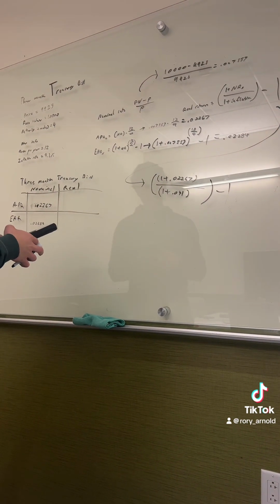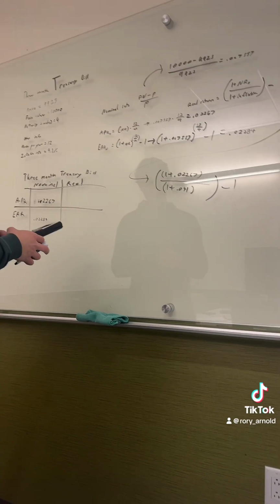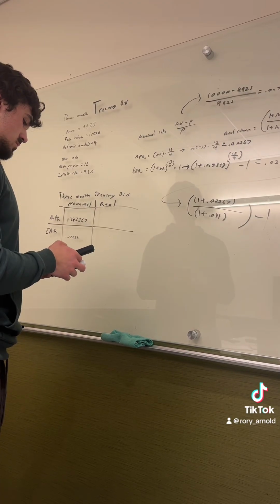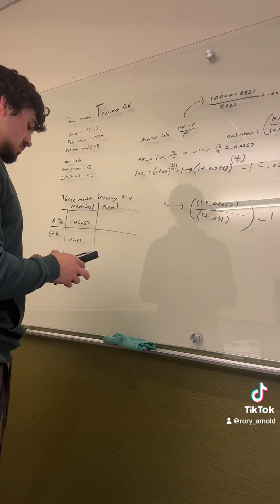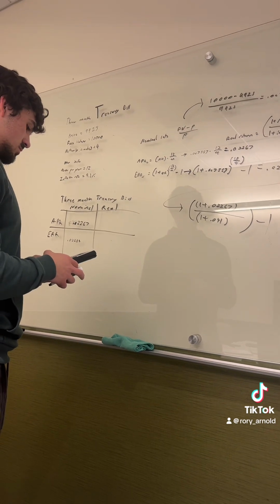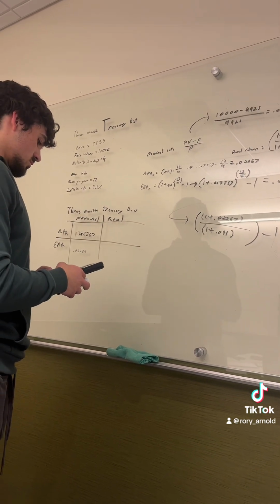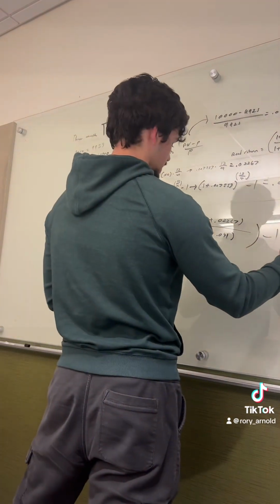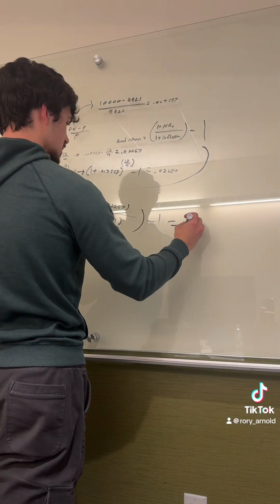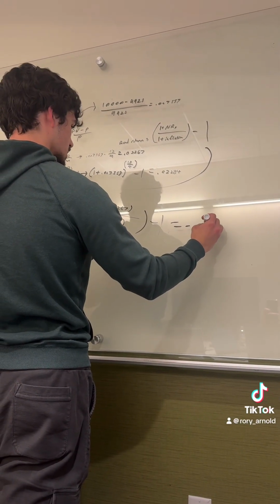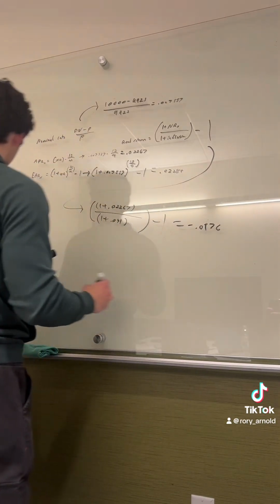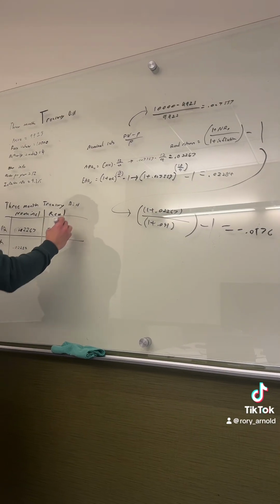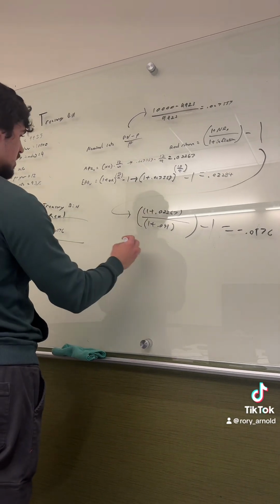That's going to be negative 0.0176. So your rate for APR is negative 0.0176. And in this situation for EAR, we do the same thing.